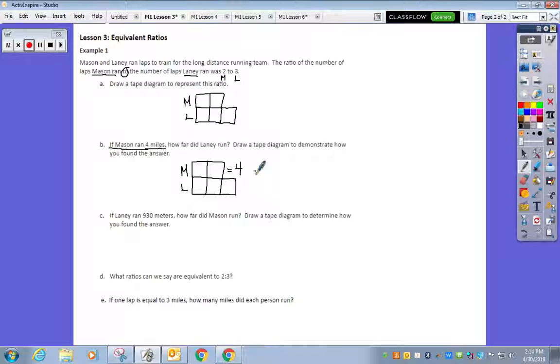Each lap is the same distance, so to figure out how many miles each lap was, I'm going to take the 4 and break it up into 2. So in order to do that, I'm going to show that I'm doing 4 miles divided up over 2 laps to see that each lap would be 2 miles. So inside each section of the tape, I'm going to put 2.